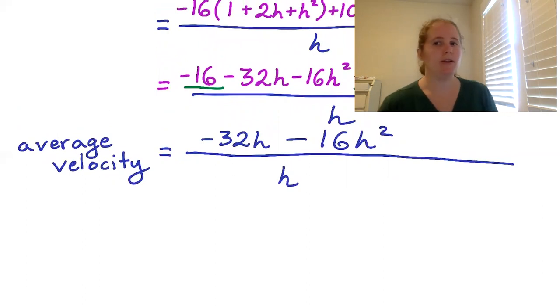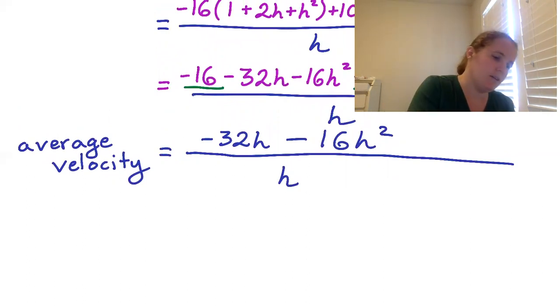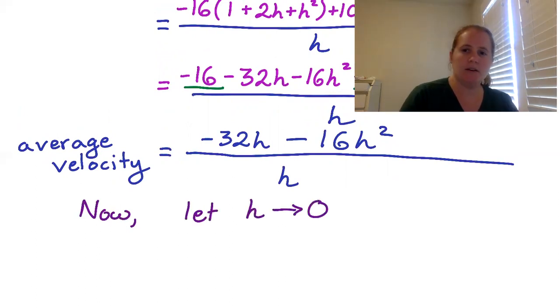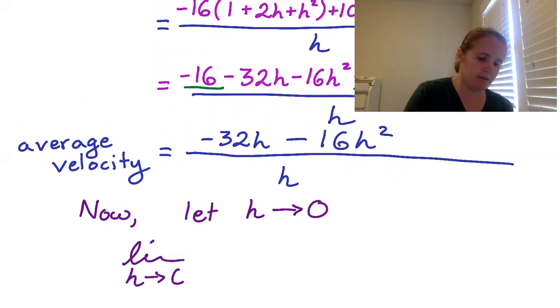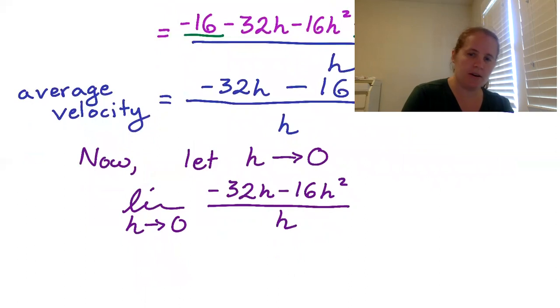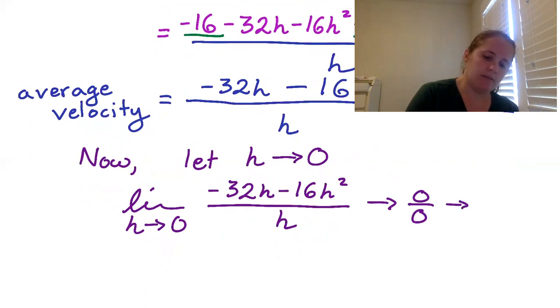We'll go ahead and take the limit at this point. So we were interested in what happens as h goes to 0. So now we're going to let h head to 0. So we want to take the limit as h goes to 0 of negative 32h minus 16h squared all over h. So this is a scenario where both the top and the bottom are going to 0, 0 over 0. So we need to simplify.